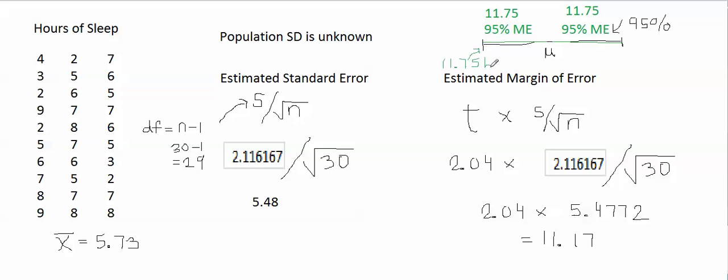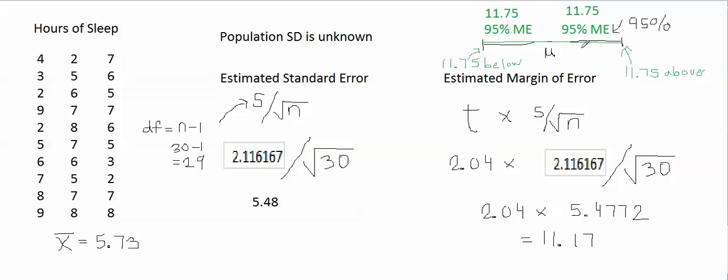This is 11.75 below. This is 11.75 above. And I had a 95% chance of getting a sample mean between these two boundary points.